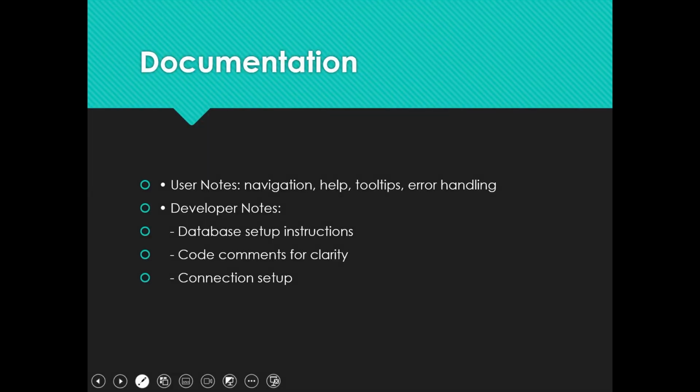Documentation. We're looking at making sure that there are comment lines, also help tips. We have talked of tool tips. We have talked of error handling, developer notes. Make sure that all that information is available for the person who's going to use the program after you.